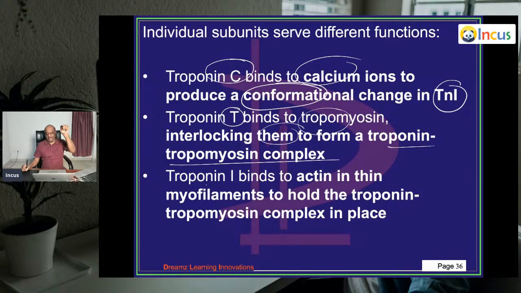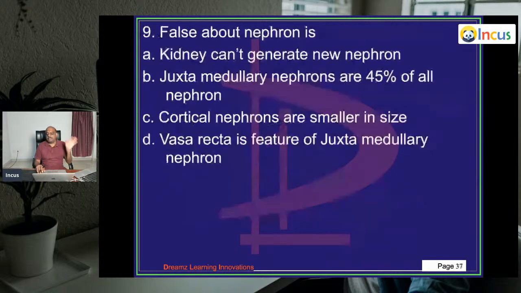Troponin I binds actin in the thin myofilaments to hold the troponin-tropomyosin complex in place. That's what you need to remember about troponin C, troponin T, troponin I. Then excitation-muscle contraction coupling, everything you should know.